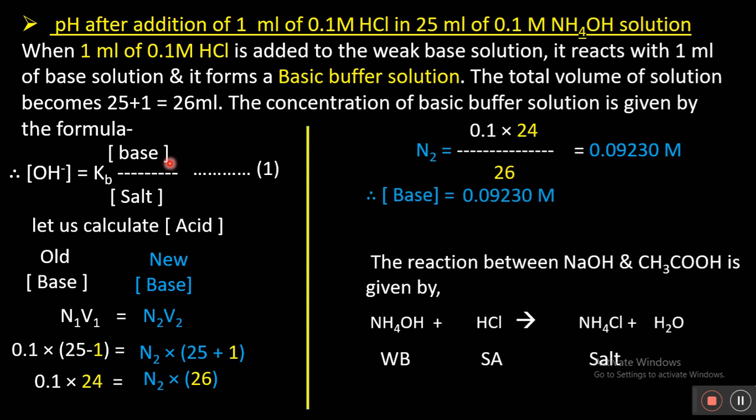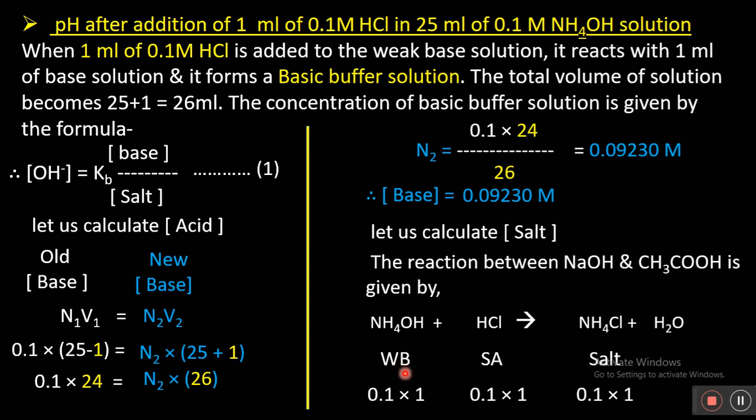Now let us calculate the concentration of the salt. How many millimoles of salt will be formed? 0.1 molar, 1 ml of weak base reacts with 0.1 molar, 1 ml of strong acid, and forms 0.1 molar, 1 ml of the salt. So millimoles will be 0.1 into 1.